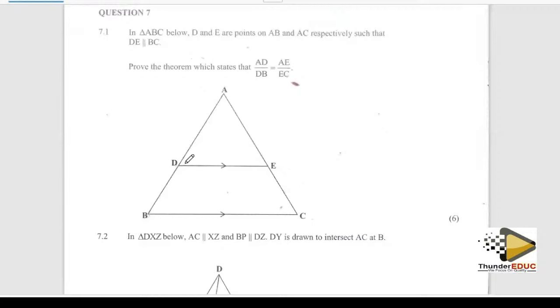You can always extend this so that it's a perpendicular. You construct this so that that is also perpendicular. And then you also have to draw lines to connect B and E. Then you also need to connect C and D.